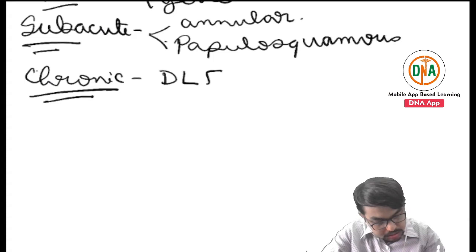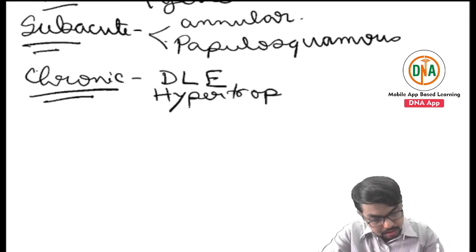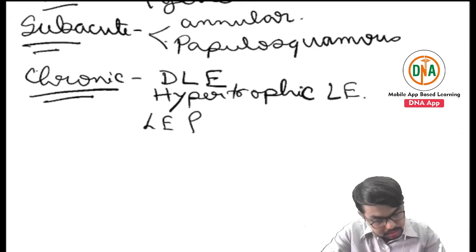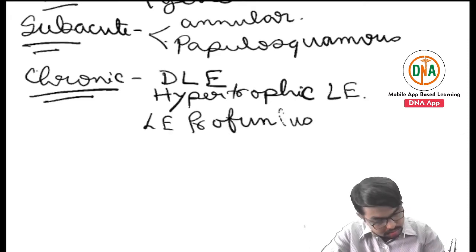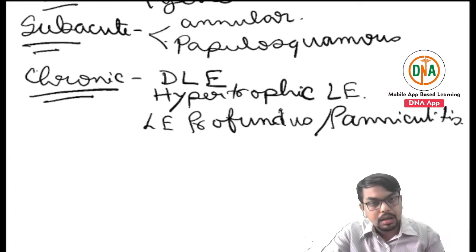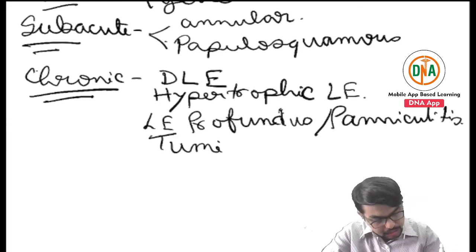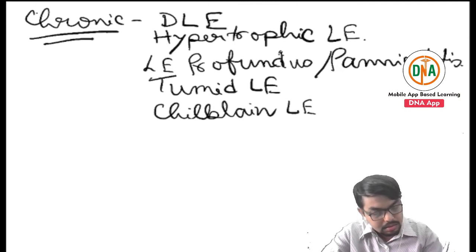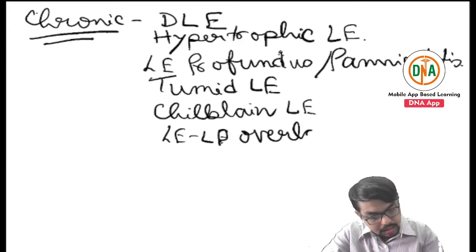First and most common is discoid lupus erythematosus. Other lesions are hypertrophic lupus erythematosus, lupus erythematosus profundus or panniculitis, which is a kind of deep lesion. Then tumidus, next is chilblain LE, and last is LE-LP overlap, lichen planus lupus erythematosus overlap.